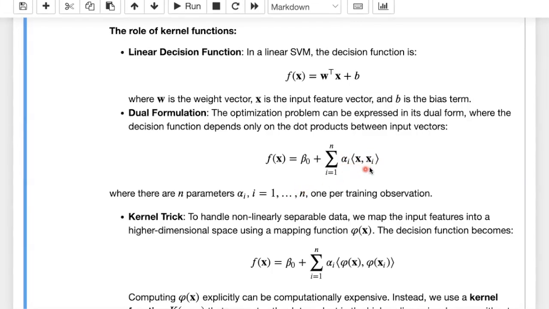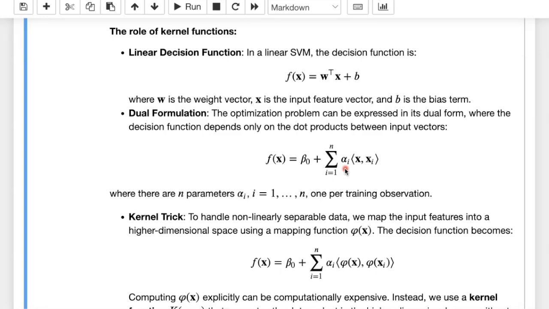So each xi, or training data point or observation, has its alpha i, and then we have this dot product multiplied by this alpha i. Alpha i in some sense measures how much xi can change the decision boundary, because that's the whole idea here. We have these support vectors. In practice, we don't want to let all data points impact the decision boundary, only a small portion of them, those that we call support vectors that are closest on both sides of the decision boundary.